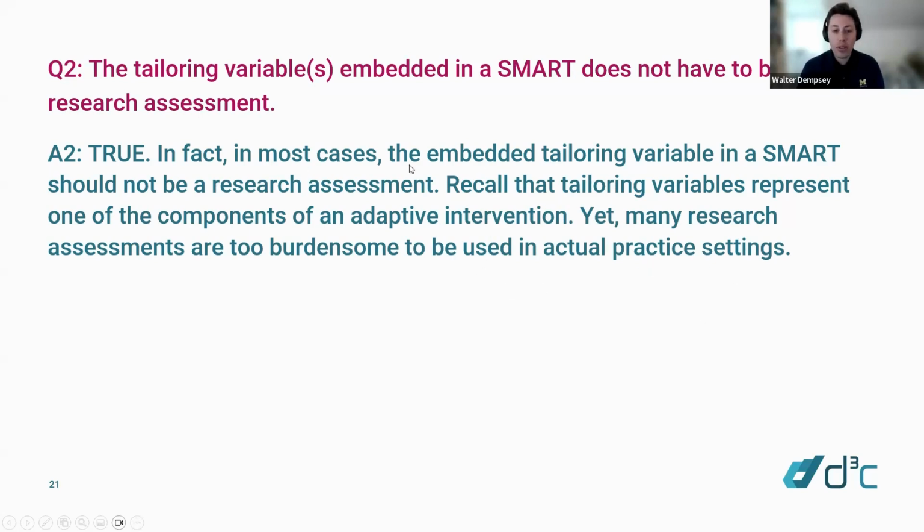And so if there are research assessments that aren't going to be collected in the real world when you try and deploy this AI, then you can't rely on them to build your tailoring variables for your AI. So typically the tailoring variables are guided by what actual data I'm going to be able to get in a clinical or real world setting to guide the design of my adaptive intervention. They aren't necessarily research assessments. They often are not research assessments.